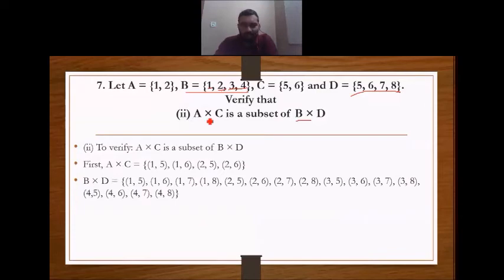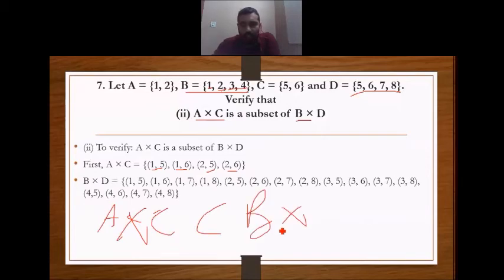Now is A cross C a subset of B cross C? Here the Cartesian pairs are nothing but elements of A cross C. For A cross C to be a subset of B cross C, all the elements of A cross C should be there in the bigger set, correct?